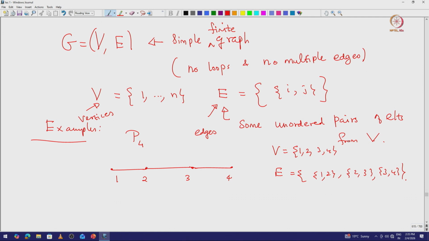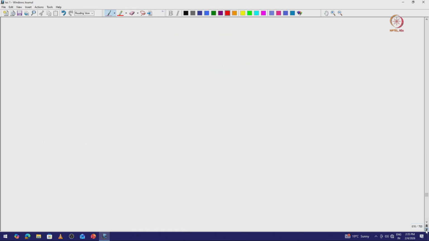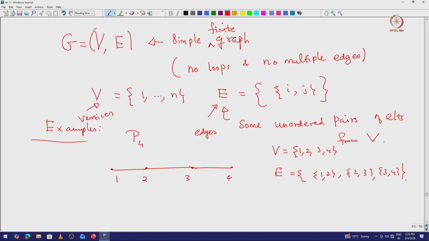Now, given this graph, we can define the adjacency matrix of that graph. Let me use gamma for the graph because G denotes the group. So, let us call this gamma to be the graph, and this gamma is P4 here.